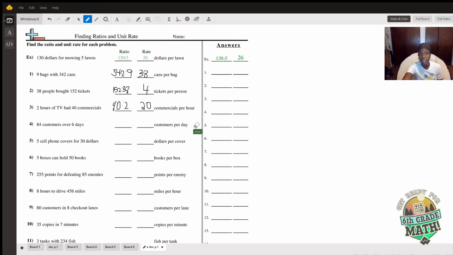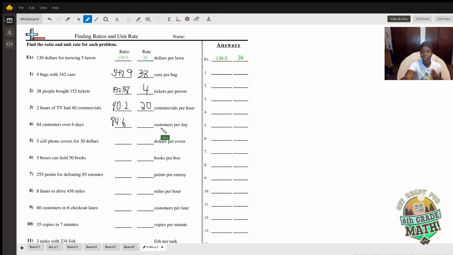All right, let's get started. So customers per day. So we got to set up the ratio first, which is 84 to 6. Now again, I prefer using the colon to represent my ratios, but you can also write the word to, or you can do it like a fraction.